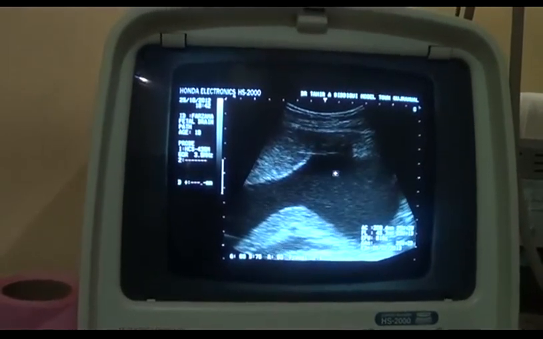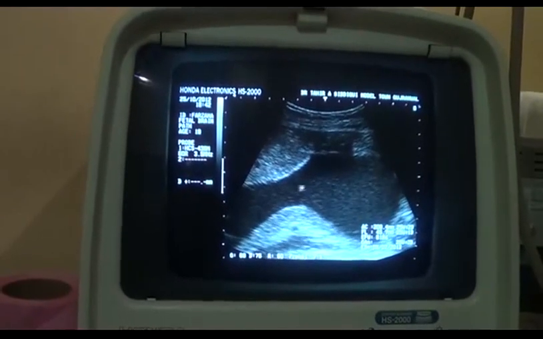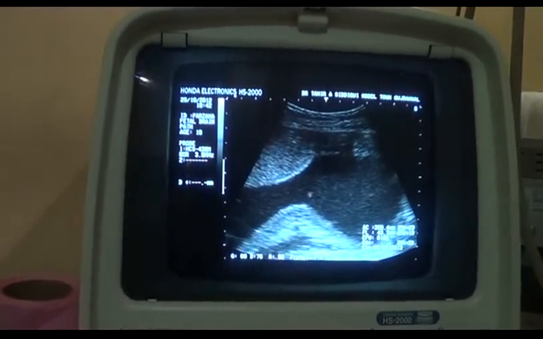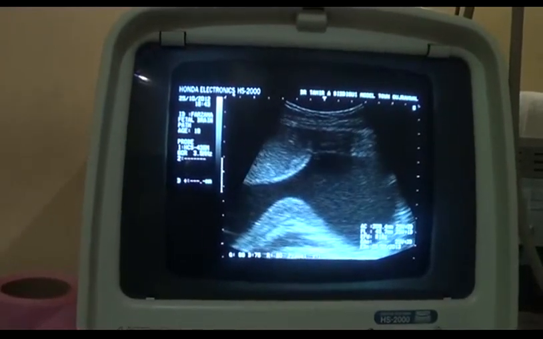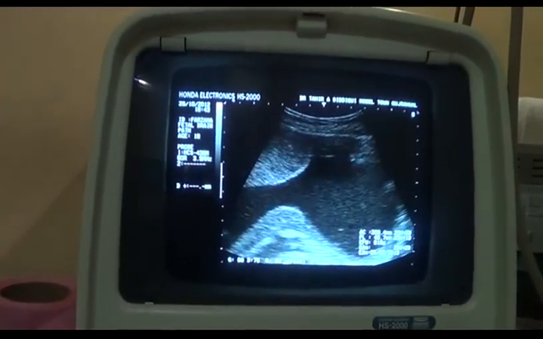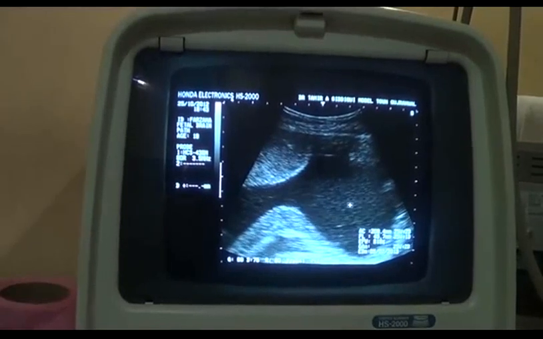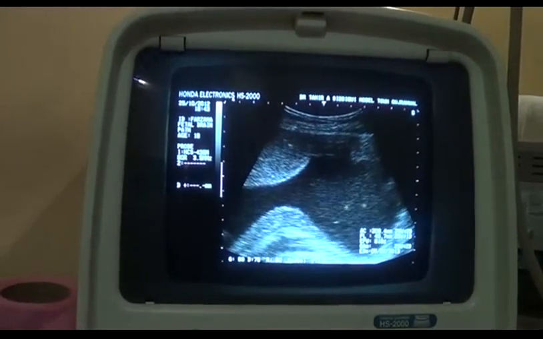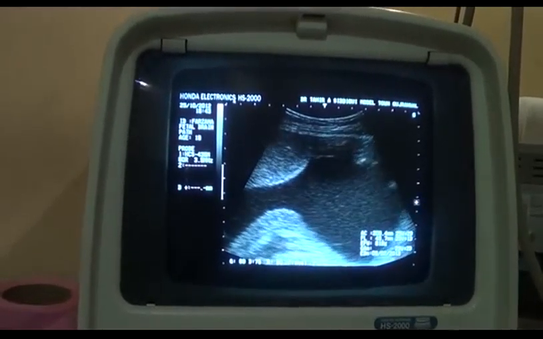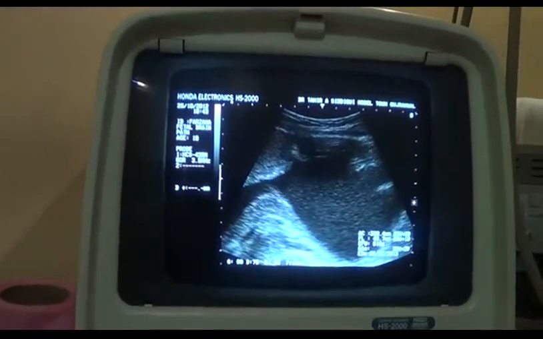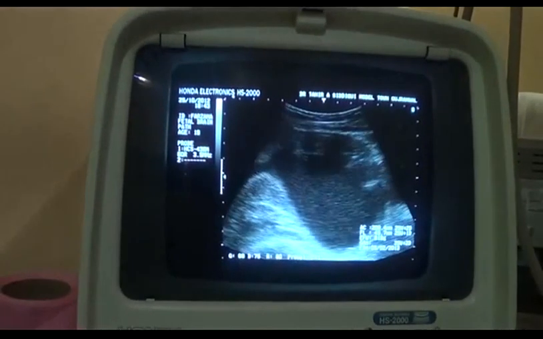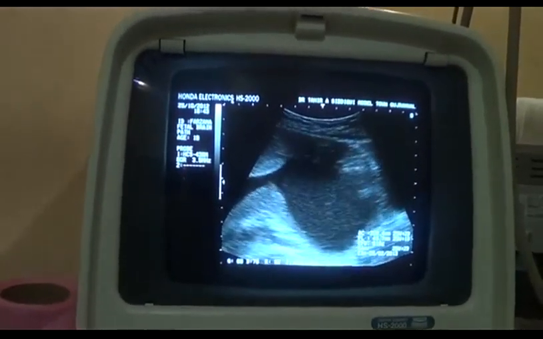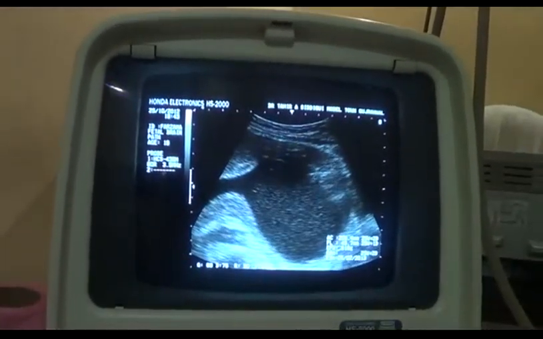But the rest you can see has a significant amount of debris, or low-level internal echoes, and they are floating. This is suggestive of meconium and fetal distress both.